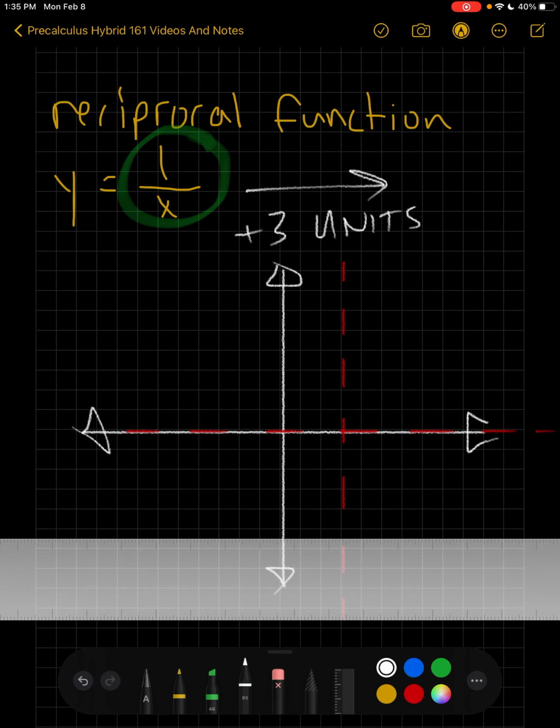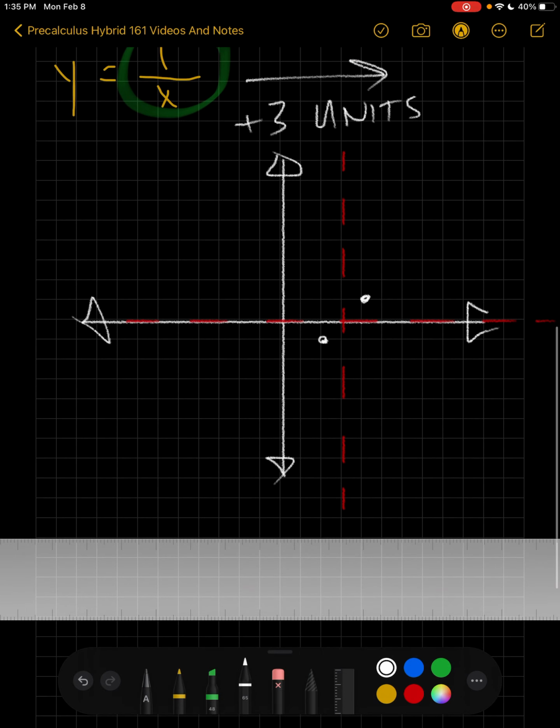And I'm going to have this point here and this point here. But remember we had that domain restriction that x is equal to negative 3 should not be in the domain of our function. So how can we show that removable discontinuity? Well, I'll show you. So this would be our graph of our function.